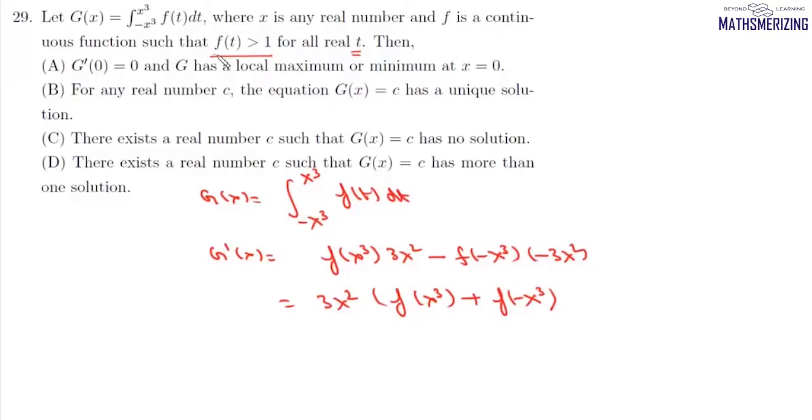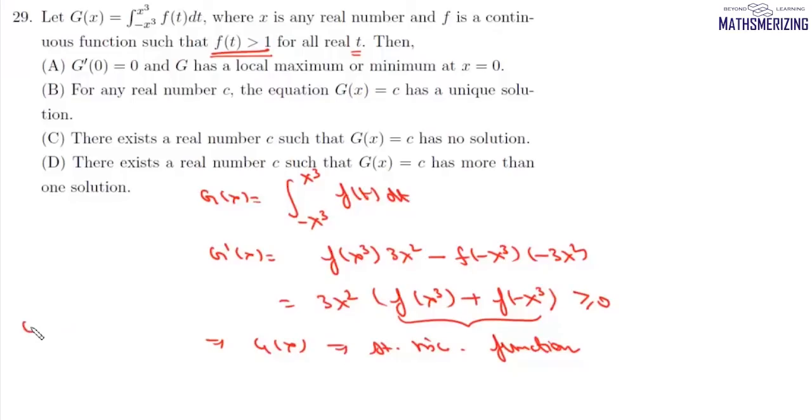Now for this function f, it is always greater than or equal to 1. So this value is always greater than or equal to 2, and 3x square is always greater than or equal to 0. So that means this function g(x) is a strictly increasing function.